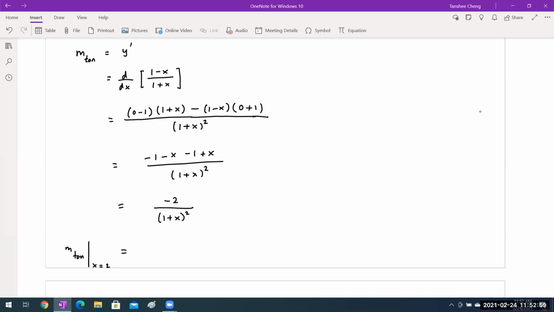So all we have to do is plug 2 into this general formula for the slope. This will be negative 2 over (1 plus 2) to the second power, which gives us negative 2 over 9. So now we have the slope of the tangent line at x equals 2.